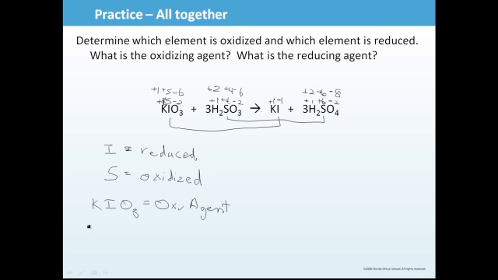All right, and then the H2SO3 is a reducing agent. Okay, so again, the whole compound of that reactant is the agent, not just the single element.